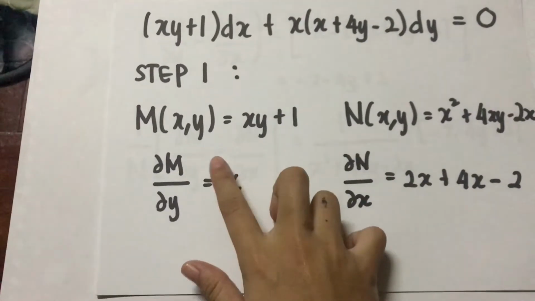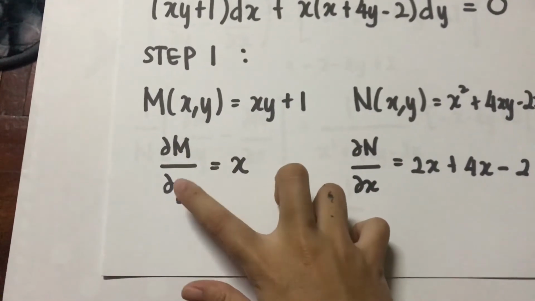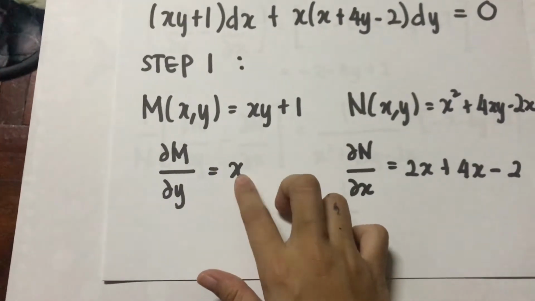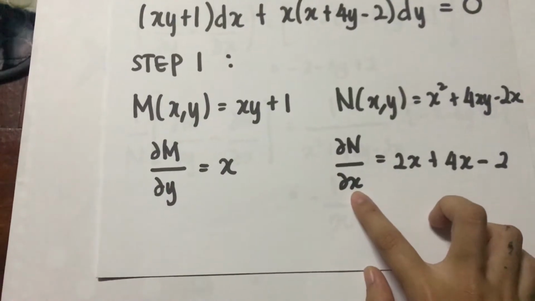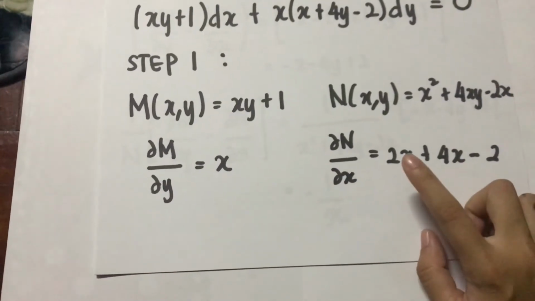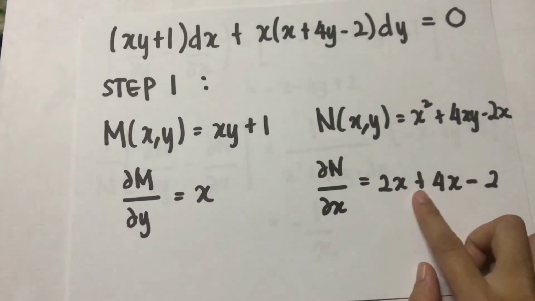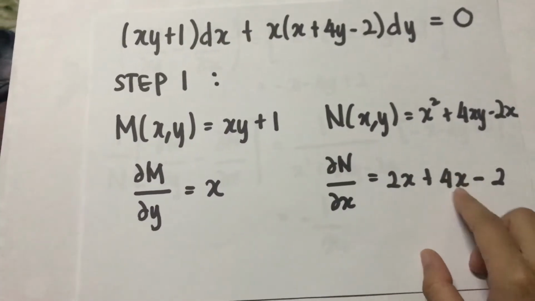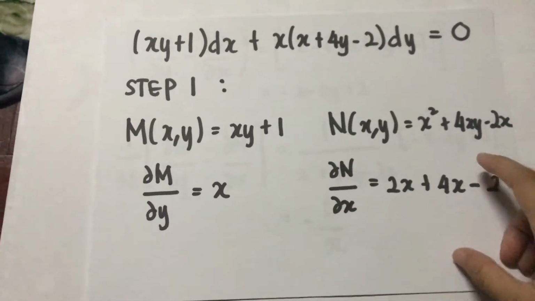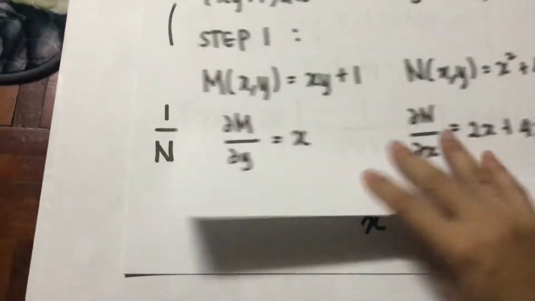So for M, we differentiate with respect to y, which equals x plus 1, and N we differentiate with respect to x, and we find 2x plus 4y minus 2. So this is my mistake for y actually.